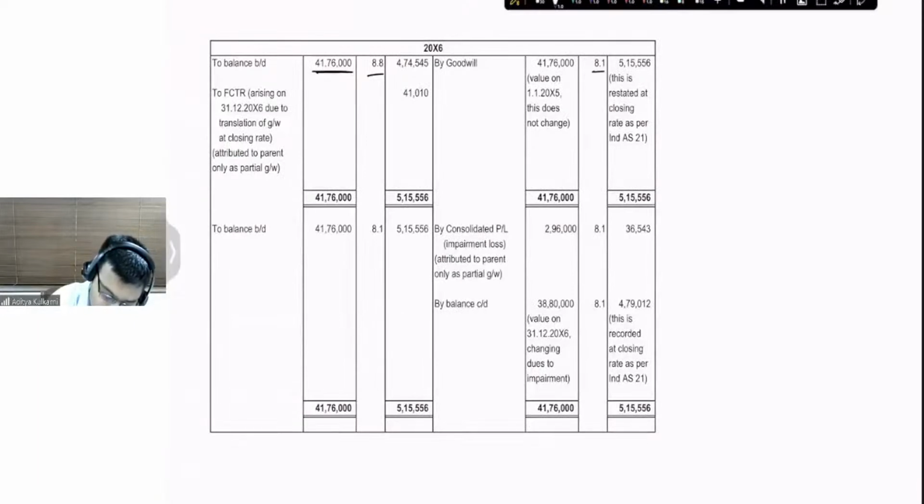When I do that, I am getting 5,15,556, which again gives rise to an FCTR of 41,010. This is the FCTR again that is attributed to the parent only, as it is partial goodwill.